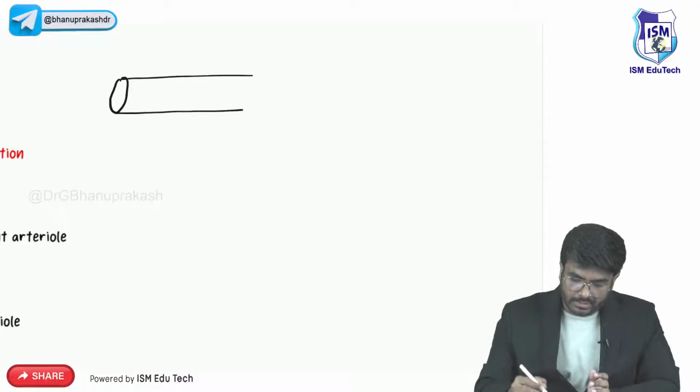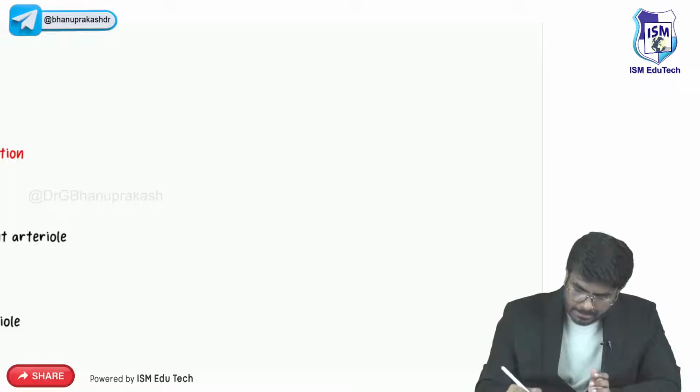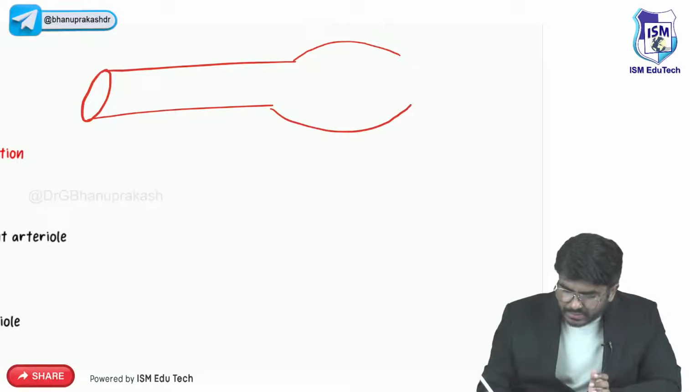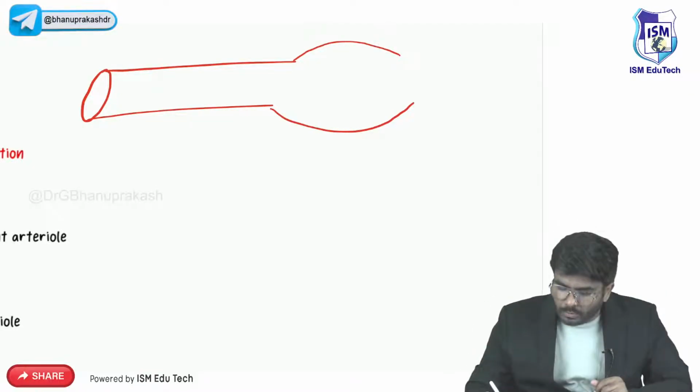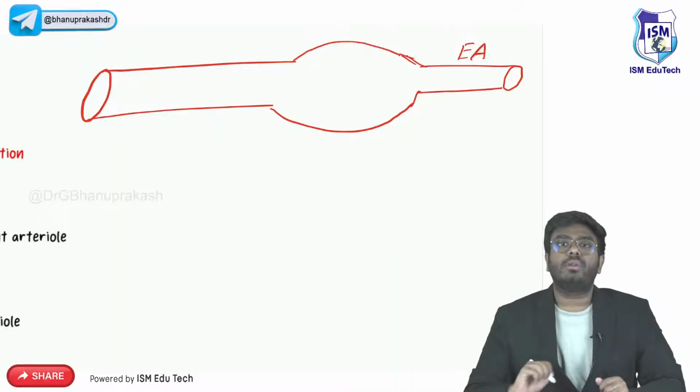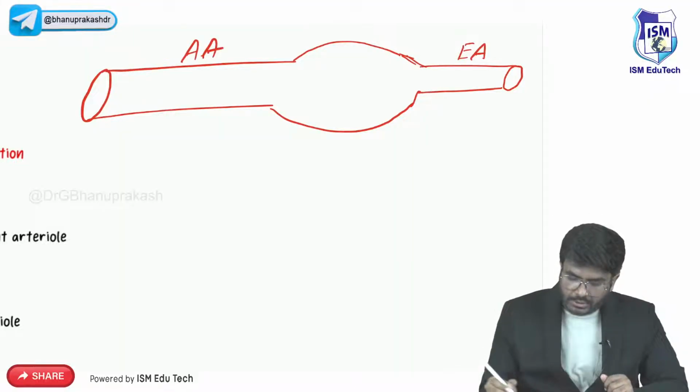It divides into many small glomerular capillaries. All these glomerular capillaries fuse and form the efferent arteriole.